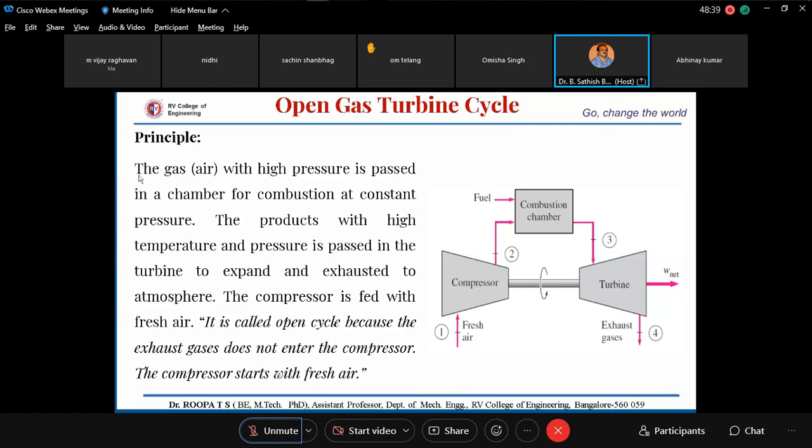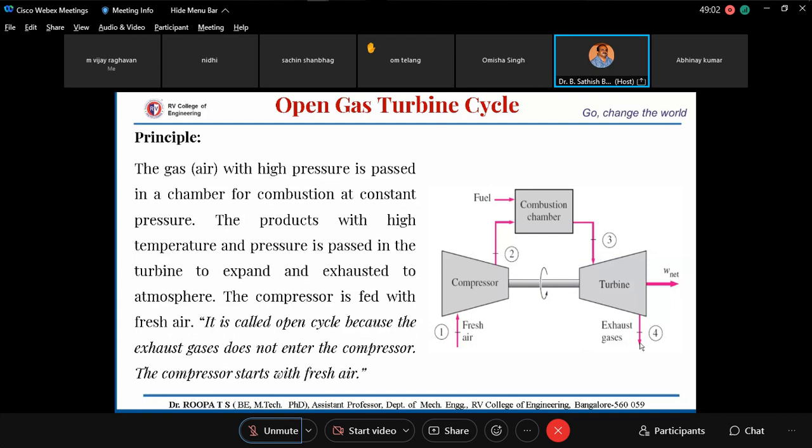You can see here, the air with high pressure is passed into a chamber for combustion at constant pressure. The products with high temperature and pressure are passed into the turbine to expand and exhaust to the atmosphere. So the compressor is fed with fresh air. It is called an open cycle because the exhaust gases do not enter the compressor.